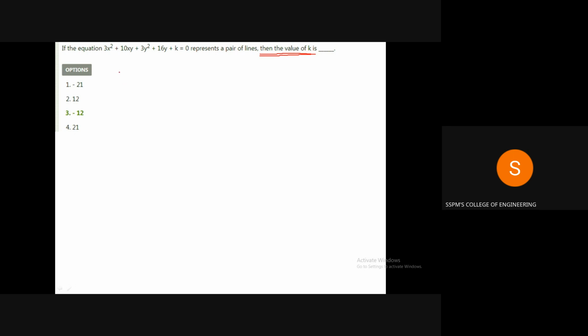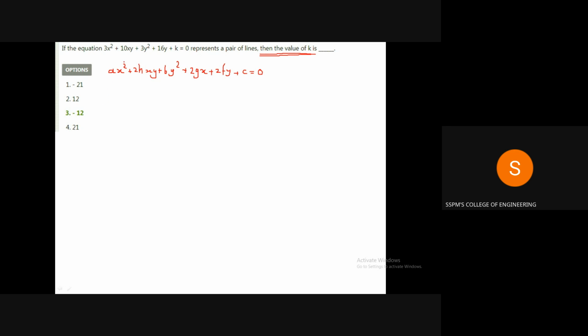So again we will compare this with the standard form, which is ax square plus 2hxy plus by square plus 2gx plus 2fy plus c is equal to 0.